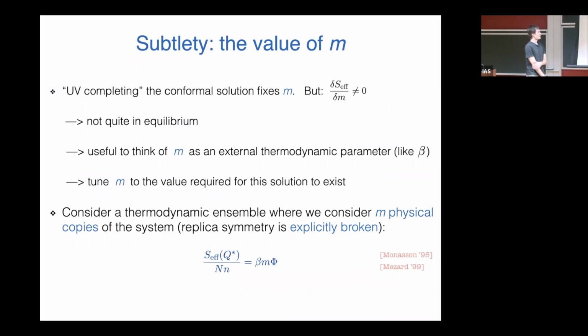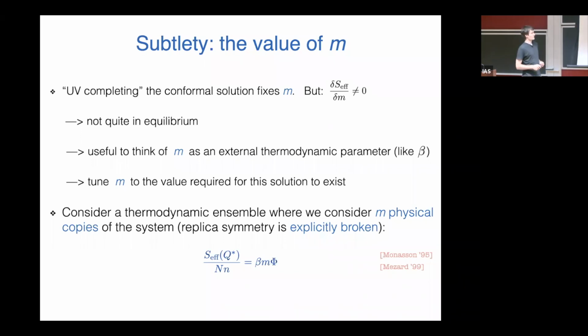To do that, we need to get back to this issue about M, which was the size of the blocks in this replica symmetry breaking ansatz. This conformal solution that I just described, because we can impose this UV boundary condition, that actually determines the value of M. And the value of M for which this solution exists and is consistent in the UV does not satisfy this extremization condition. So that's the sense in which it's not an equilibrium solution. There's various ways to think about it, but one way that's perhaps interesting is to think of M as an external thermodynamic parameter, kind of like the temperature.